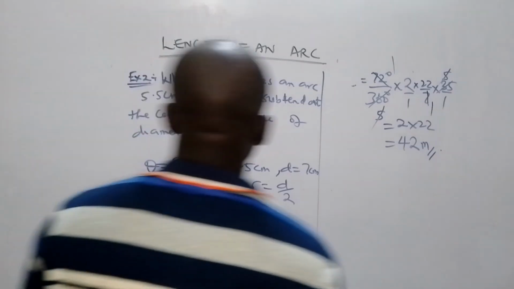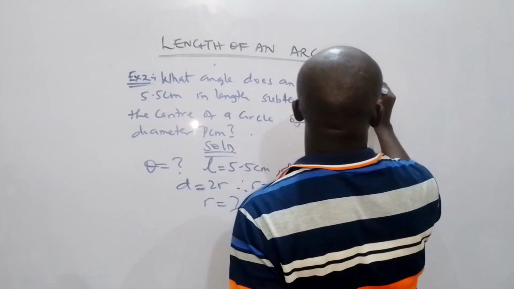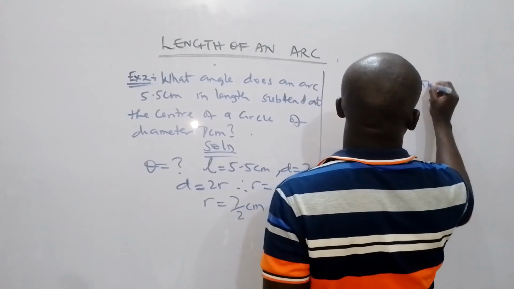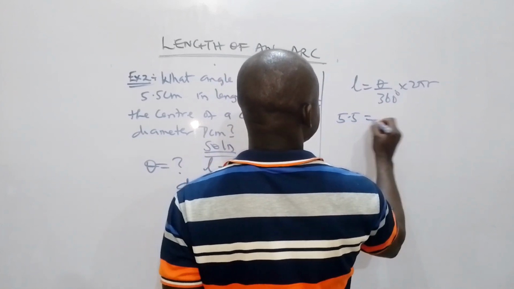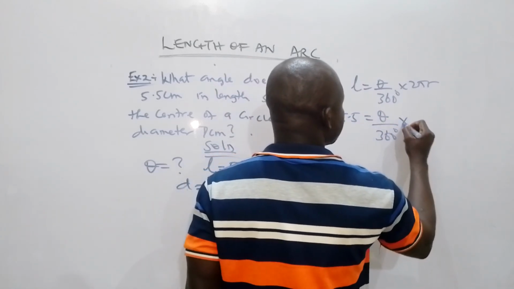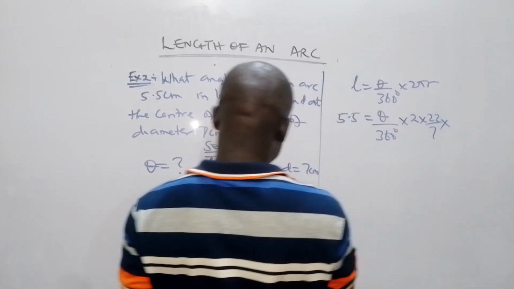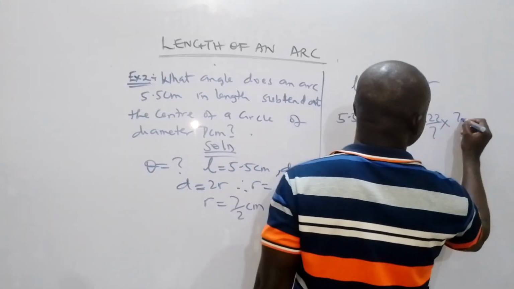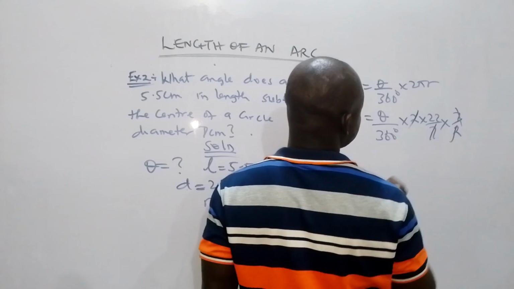So what is the formula to find the length of an arc? The formula is theta over 360 degrees multiplied by 2 pi r. So here we are given L, 5.5 is equal to theta over 360 degrees multiplied by 2 times 22 over 7 times the radius, 7 over 2. So 7 can take care of 7, 2 will take care of 2.